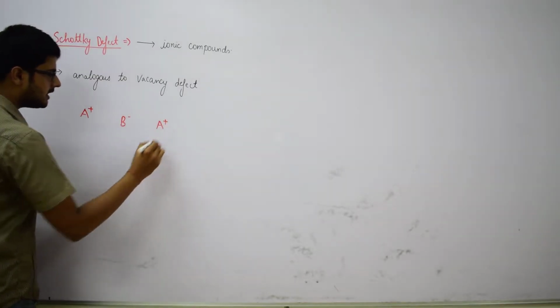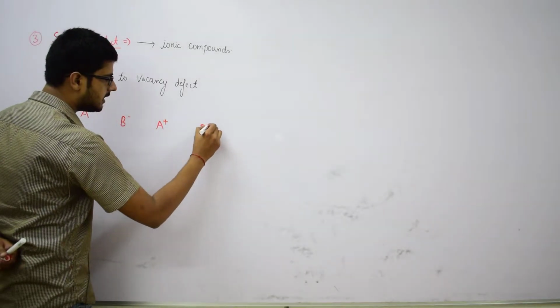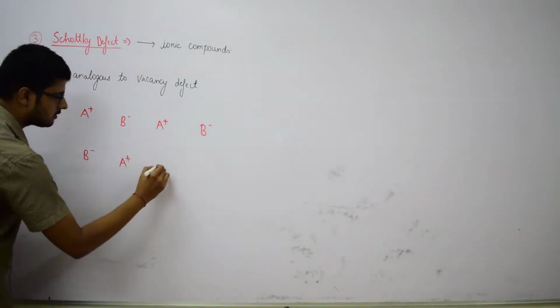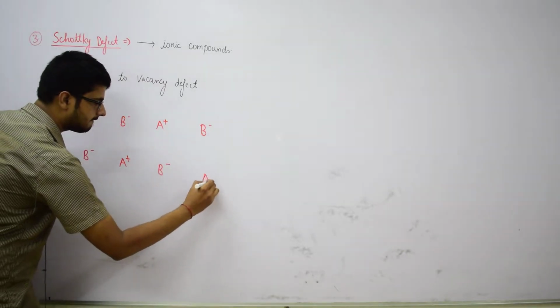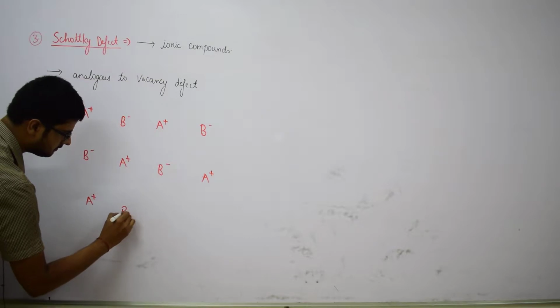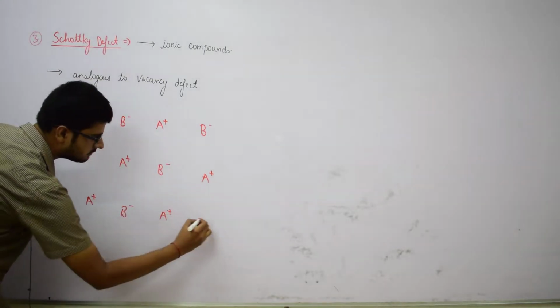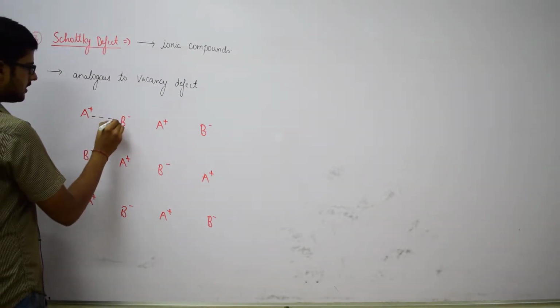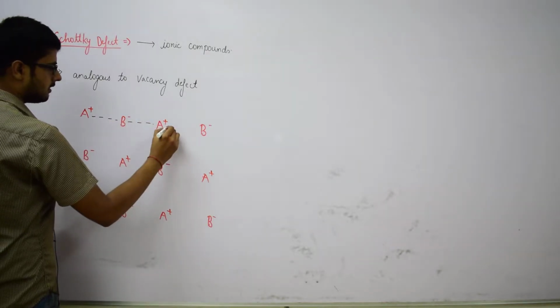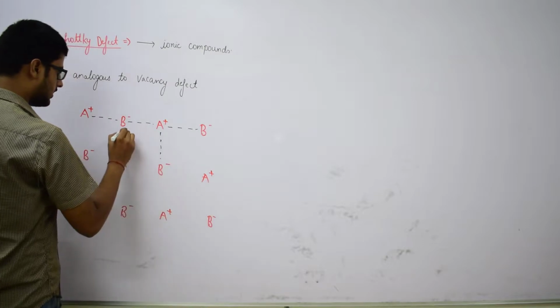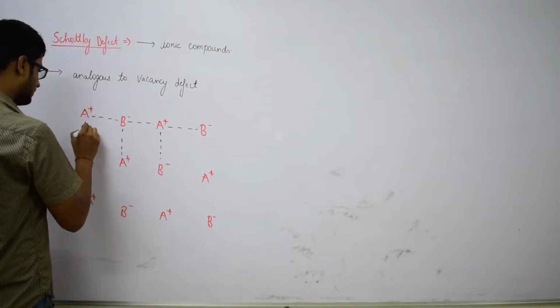Let this be the arrangement of ions in the compound, and these ions are linked by electrostatic force of attraction, which is represented by this dotted, broken line.